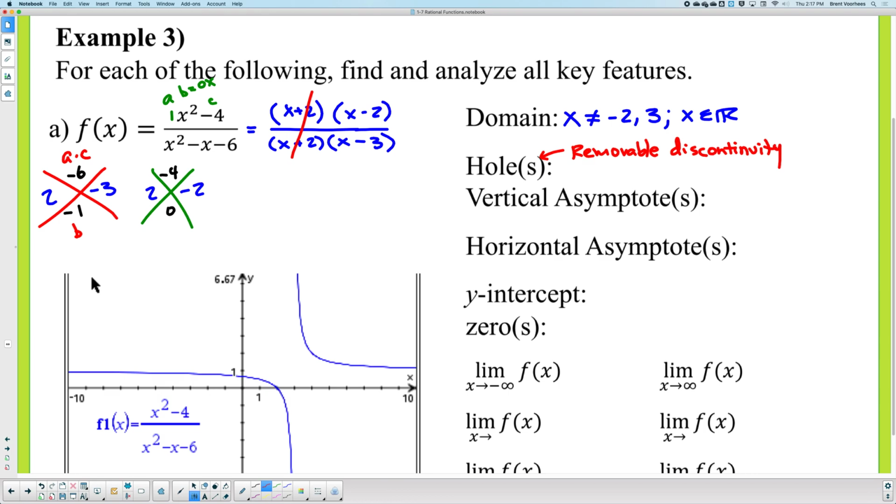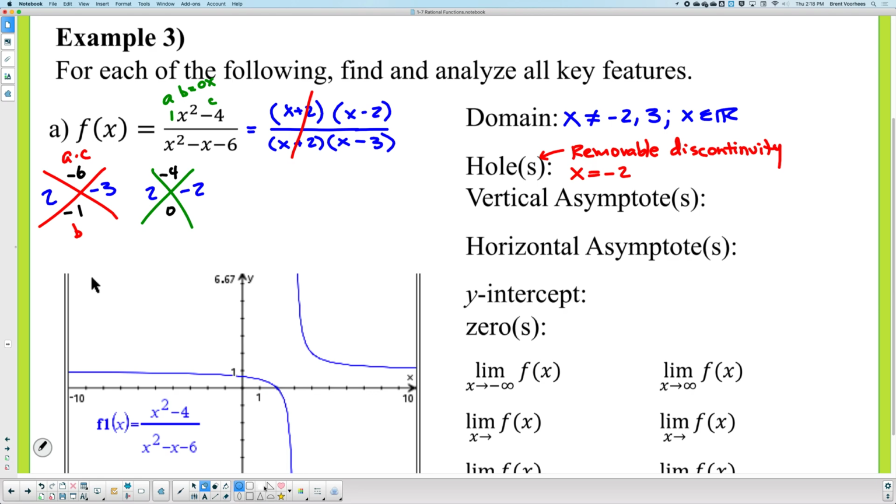You see how I just removed that? We will have a removable discontinuity at which x value? At negative 2. So that means on our graph, if you looked over here, we should have had a hole there. Did our Inspire show us a hole? So we're going to add an open circle right there.